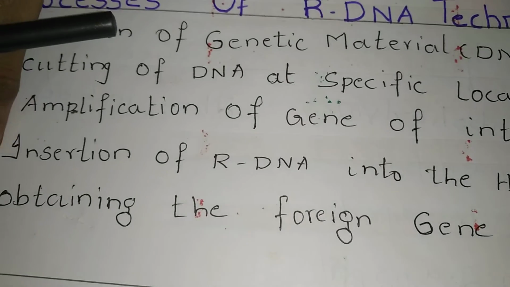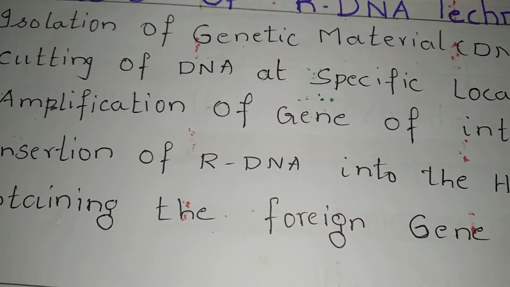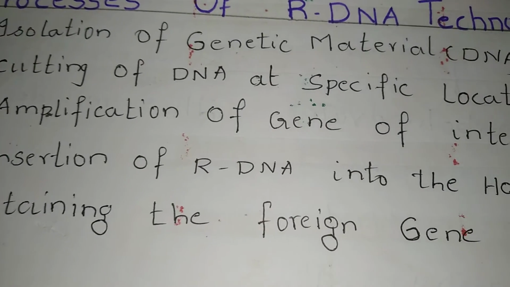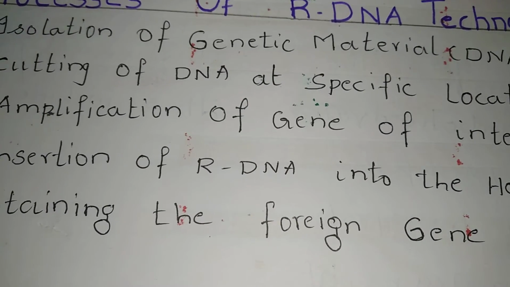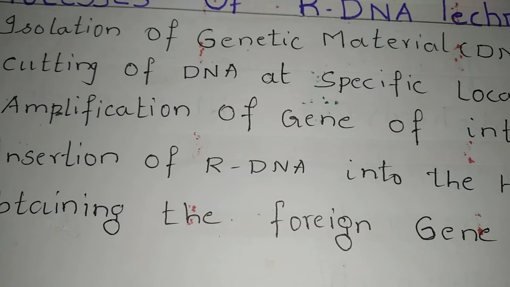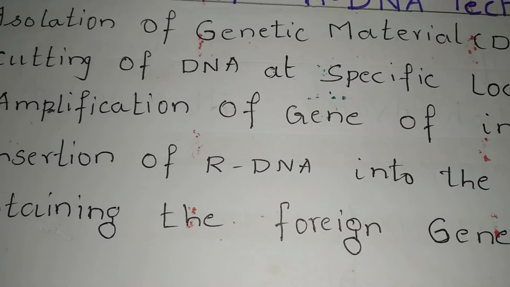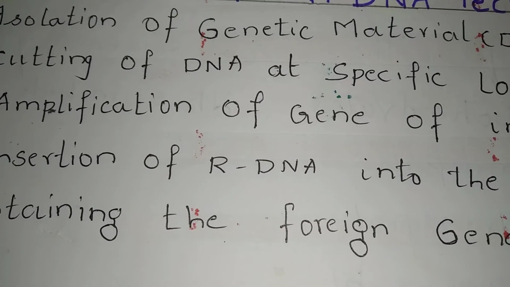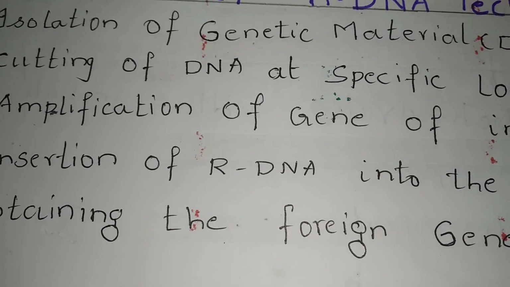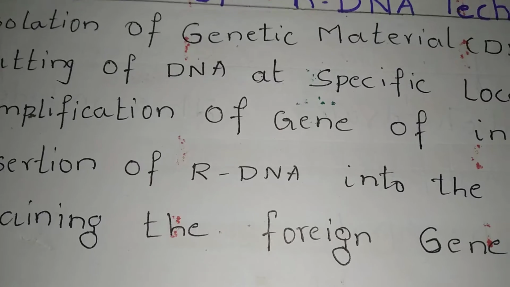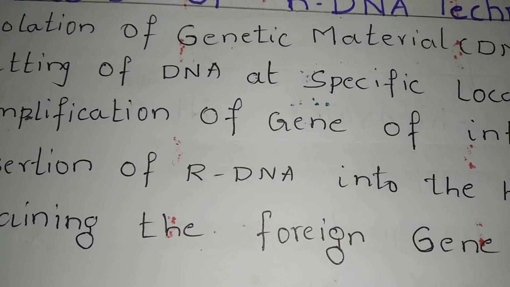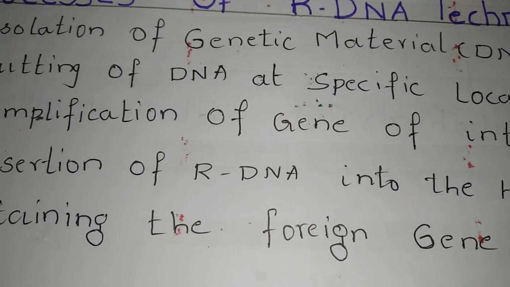Or else, in the other method, which is called the continuous culture system, the used medium will be drained out from one side of the culture, and the fresh one will be getting into the culture medium.